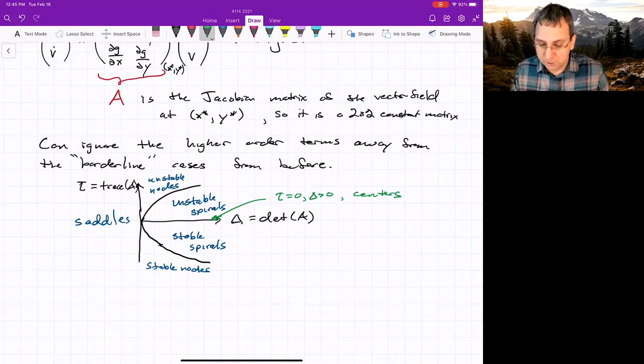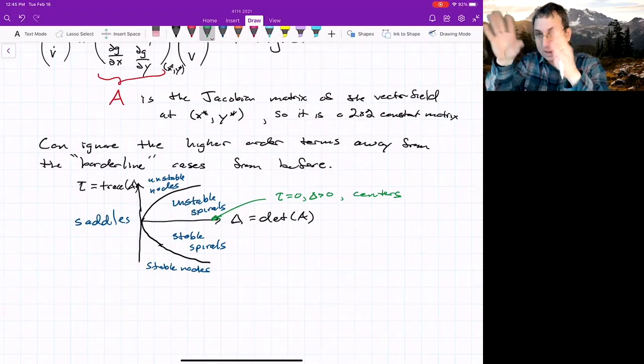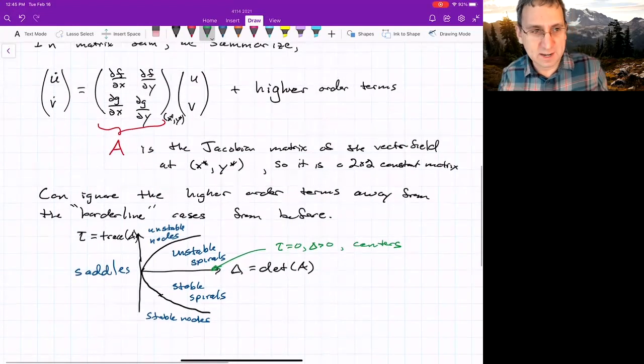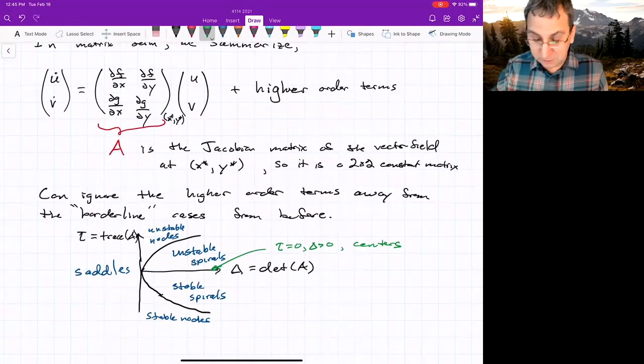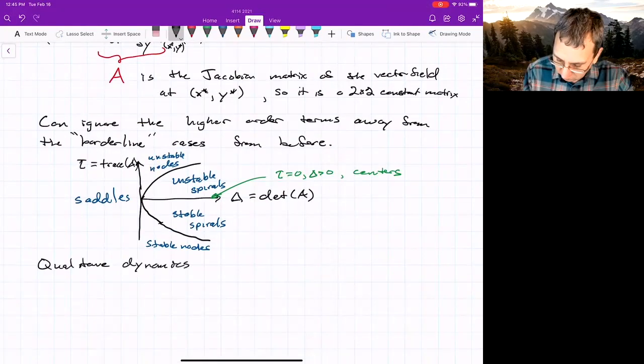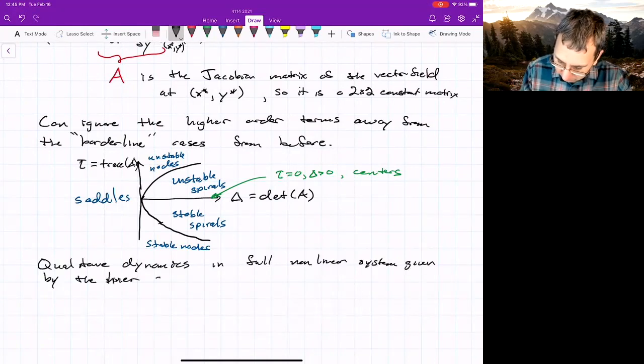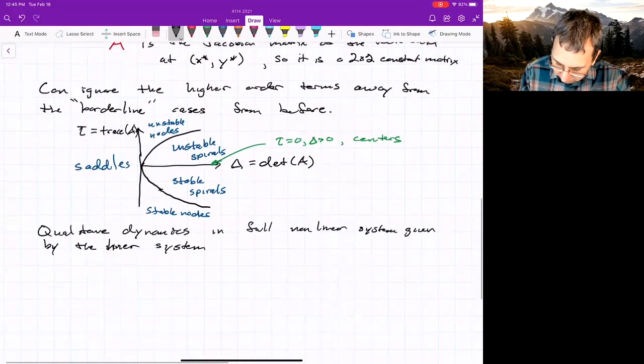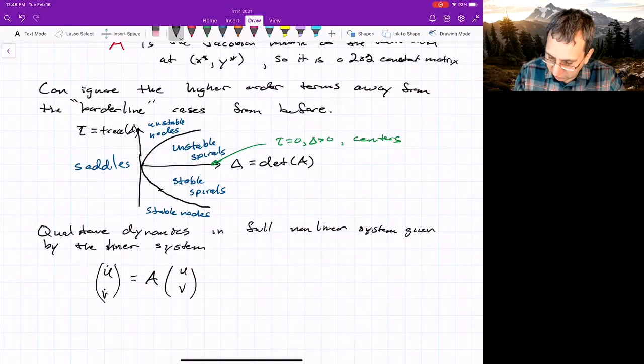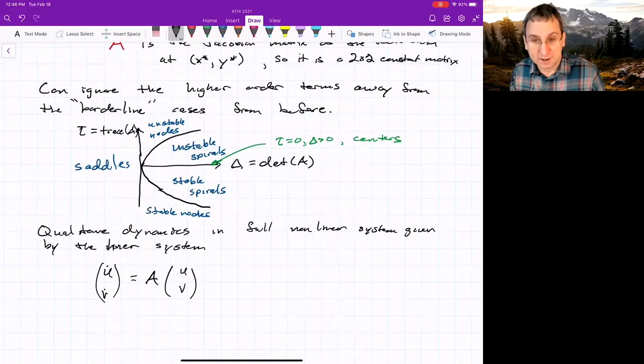If you're away from the lines, so if you're in one of these regions that fills space, then the qualitative dynamics near the fixed point, even in the full nonlinear system, is given by the associated linear system, where we ignore the higher order terms: u dot, v dot equals A times u, v. And this is, of course, if we are away from a borderline case, but you'd have to evaluate the trace and determinant of A to know that.